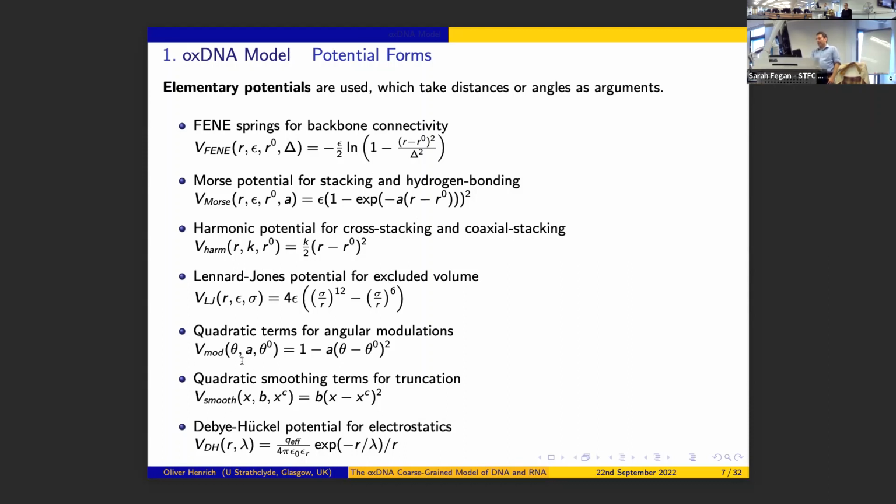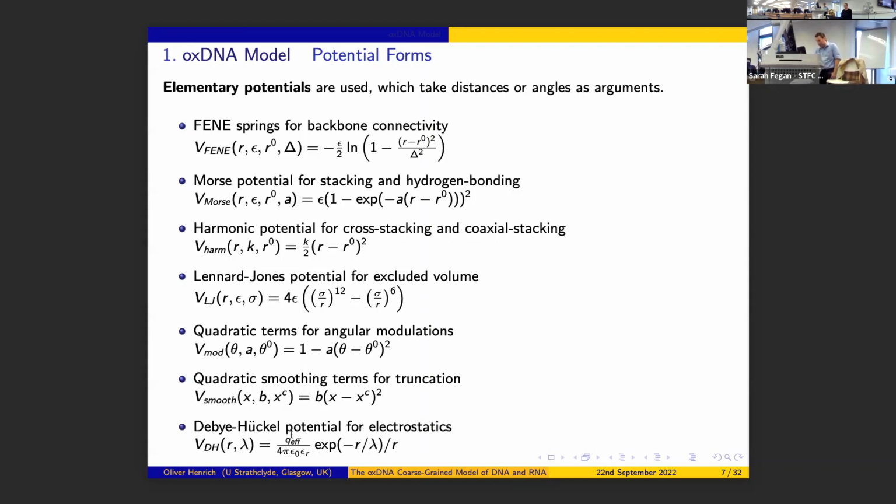And then various quadratic terms in angular form mostly, which describe these angular modulations, so how the potential forces change as the orientation of the nucleotide changes. And then smoothing terms, just to get no spikes or discontinuities in forces, so you taper it off to zero as you go towards the cutoff.